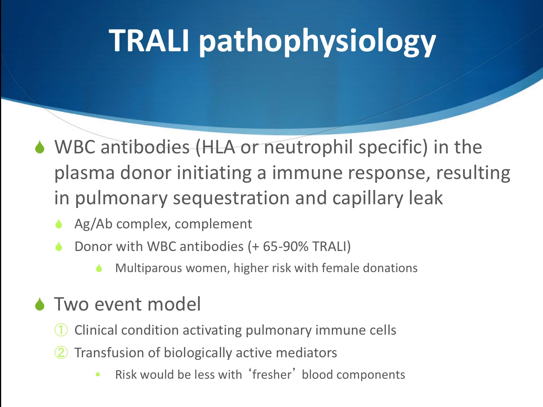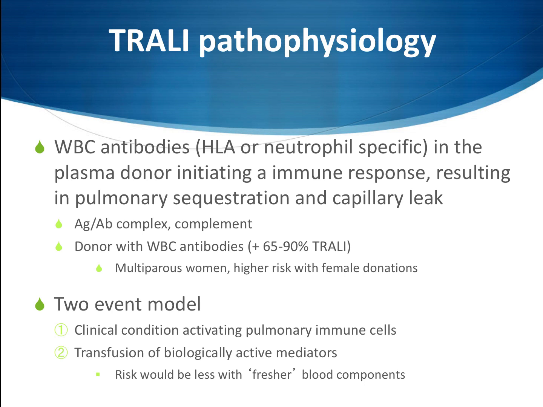Donors with a higher amount of white blood cell antibodies have a higher risk of being associated with TRALI occurrence. So that's why multiparous women are at higher risk, and female donated blood has a higher risk of causing TRALI.